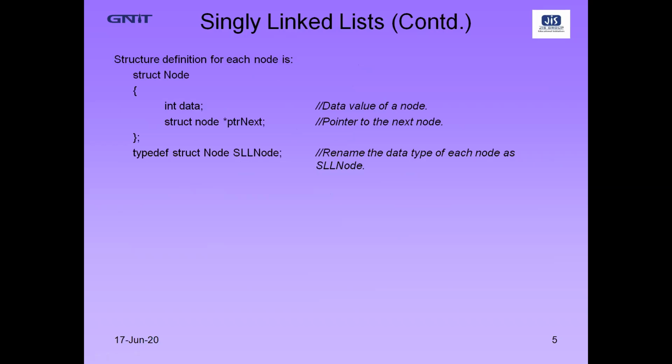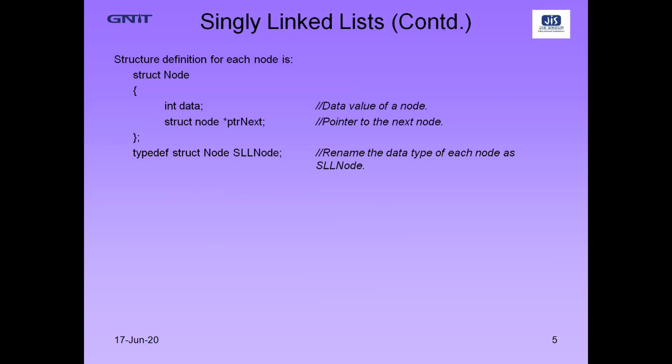Now there are two types of linked list depending on the number of links. First one is the singly linked list. As I already told in the previous slide, in this list each node has only one address field to contain the address of the next node in the list.